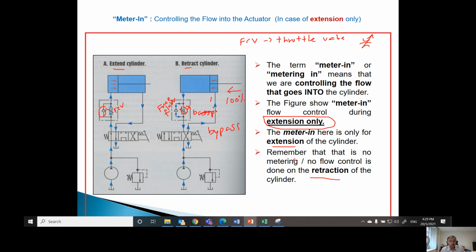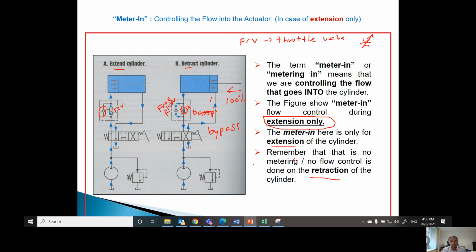So I hope that you can relate this to your hands-on in the lab last time. In the pneumatic experiment, you can see that either the extension is at full speed and the retraction is slower, or if you change the one-way flow control valve to the other side, you can have the other way around. The retraction speed is controlled and the extension speed is full speed.